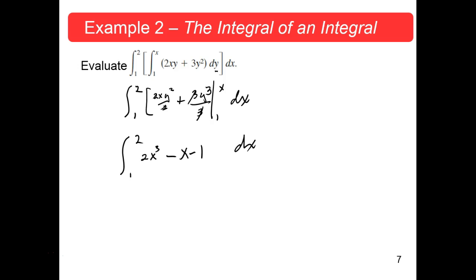So, new problem here. This is what we got last time. We were going to integrate that from 1 to 2 on x. So what would that be? Integrate that with respect to x. 2x cubed, you're integrating, antiderivative.